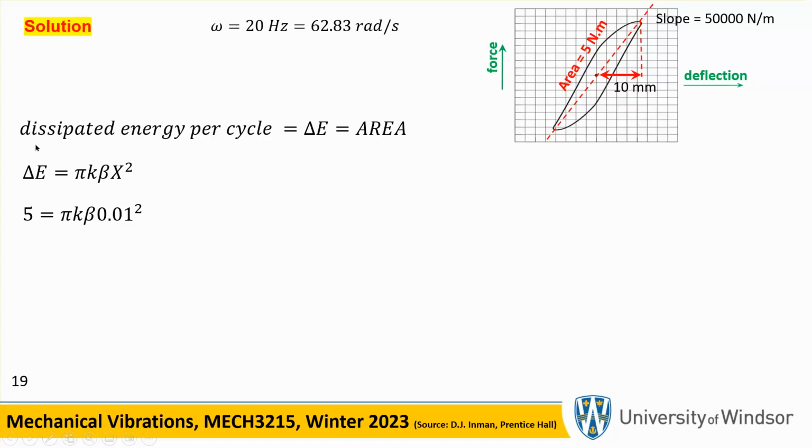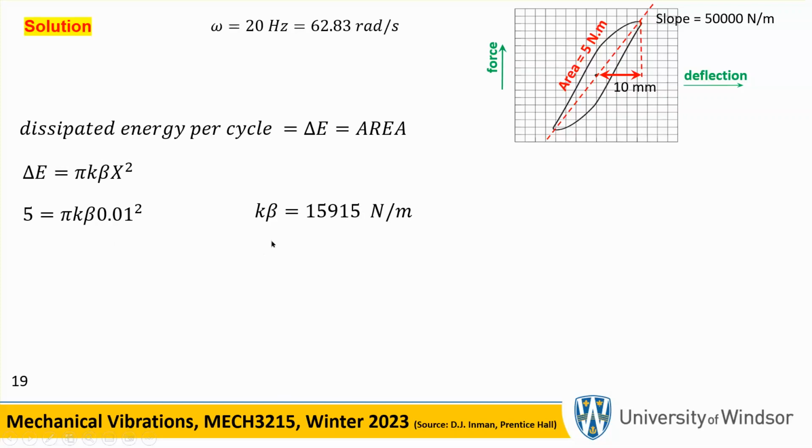There is no omega here. Okay, this is 5, that's this area. You know the value of K, and you get your maximum deflection. Just look at this, big X, which is 0.01, and out of that you can find K beta.